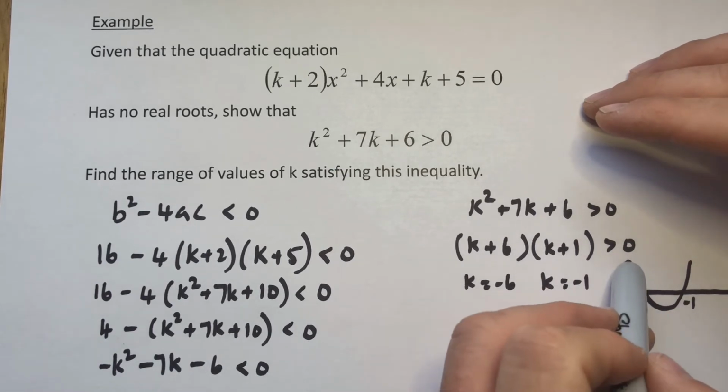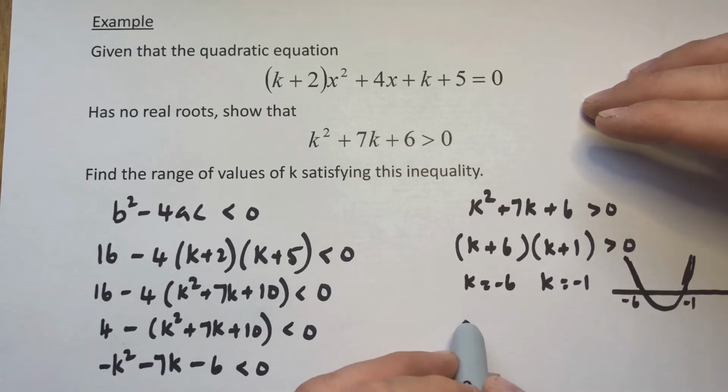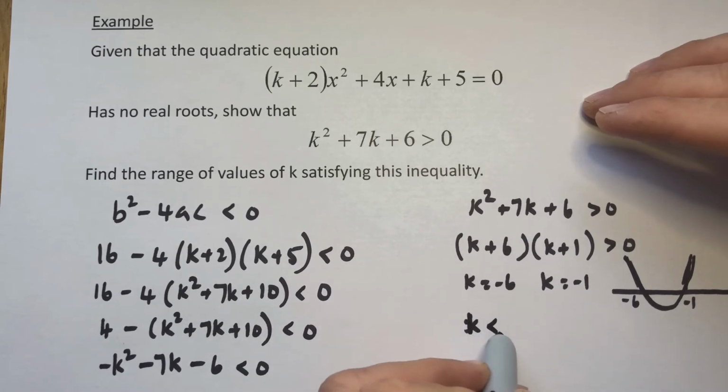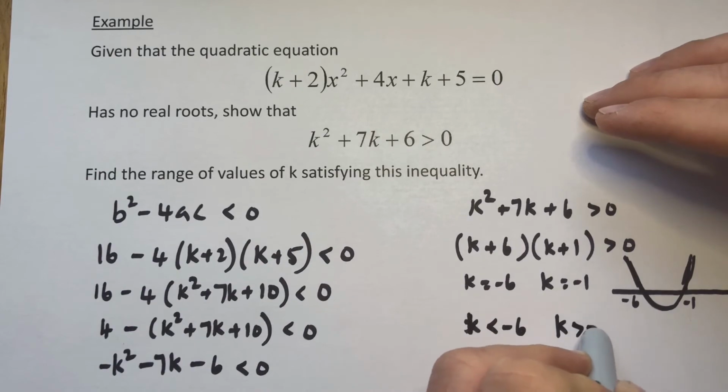I want greater than 0, so that's this bit and this bit. So the solution is that k must be less than minus 6, or k must be greater than minus 1.